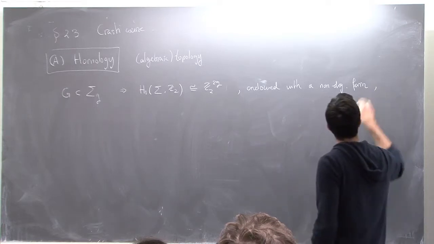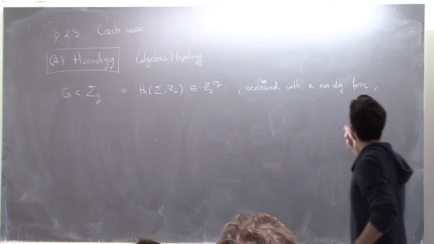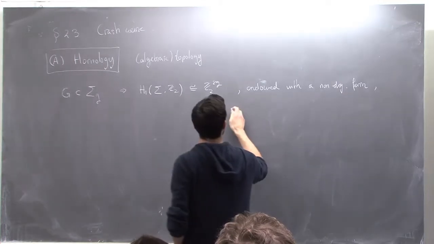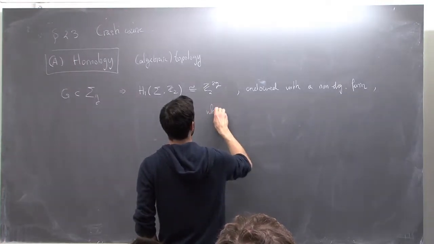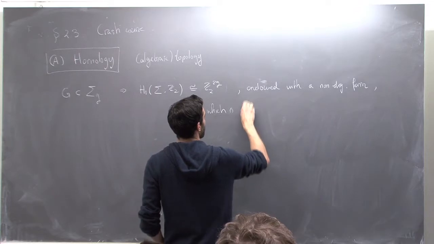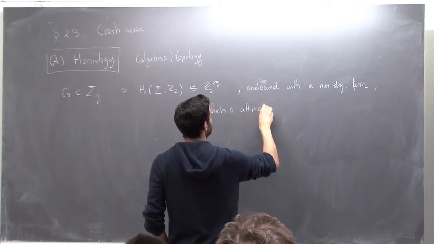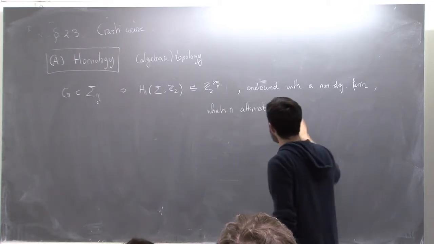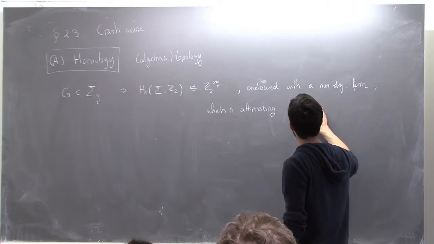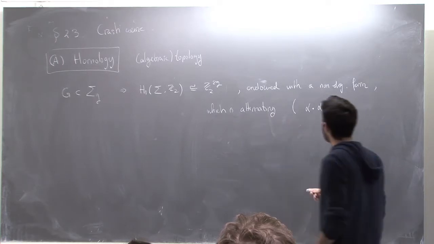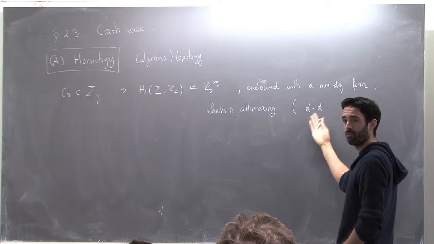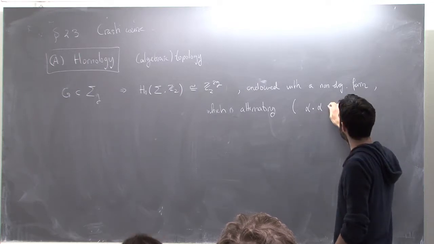And this form, I think I didn't say this, it's alternating. It's an alternating form. What does this mean? It means that if you take alpha, the form evaluated at alpha and the same alpha, this is always 0.